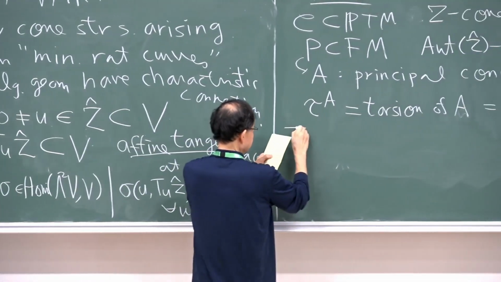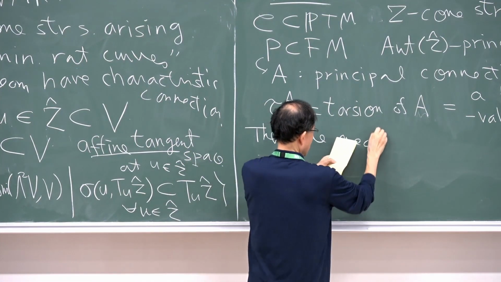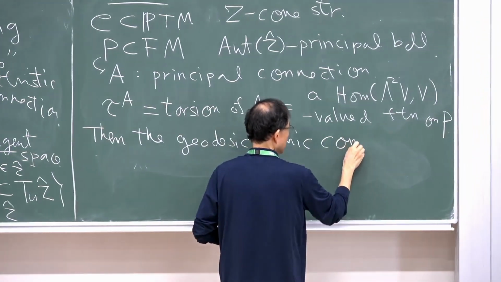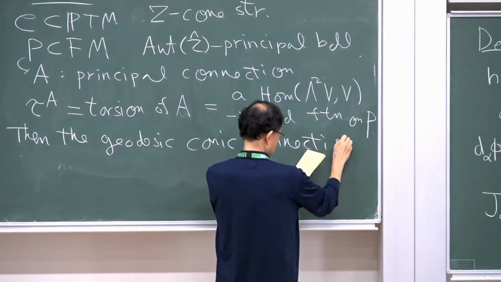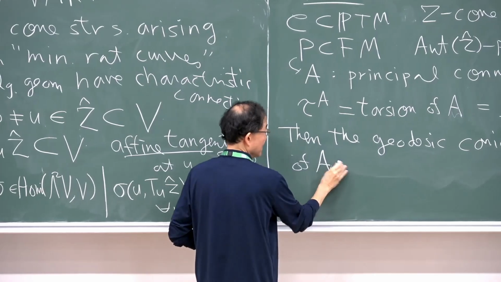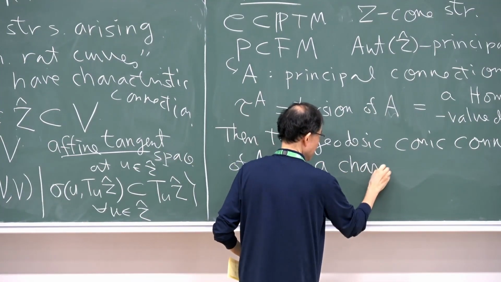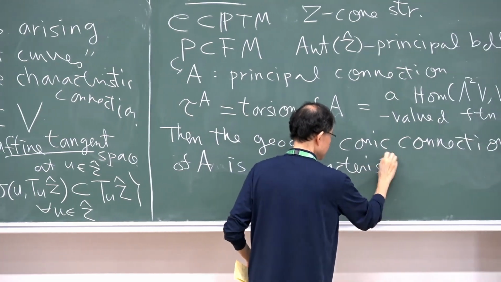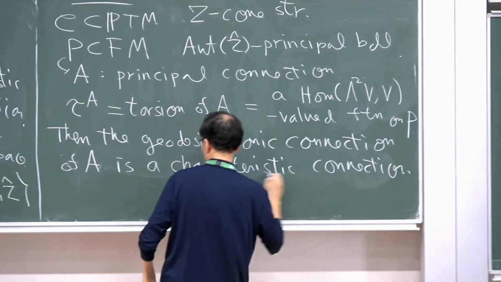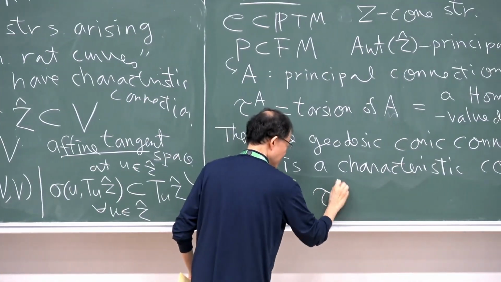Then the geodesic conic connection of A is a characteristic connection if and only if this torsion has values in the smaller vector space.